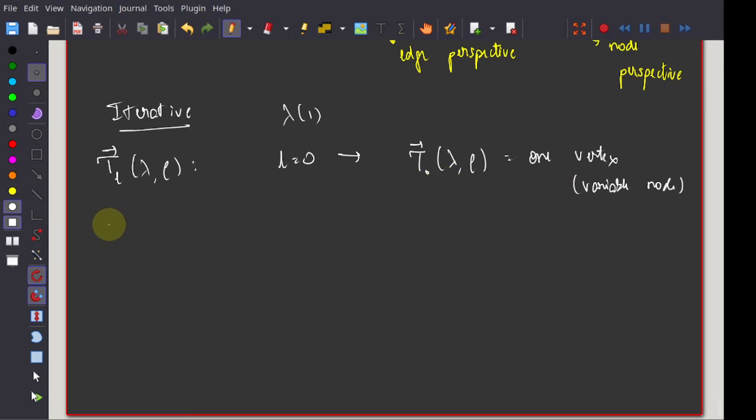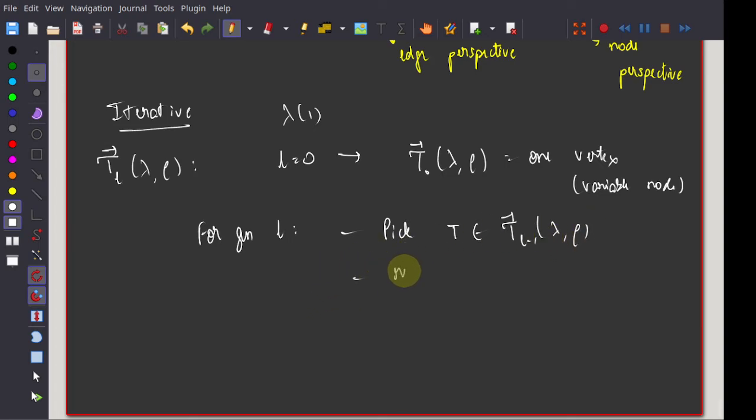So now suppose that for general L, we know how to construct T_(L-1) of lambda comma rho. You first pick a random tree according to T_(L-1) of lambda comma rho.